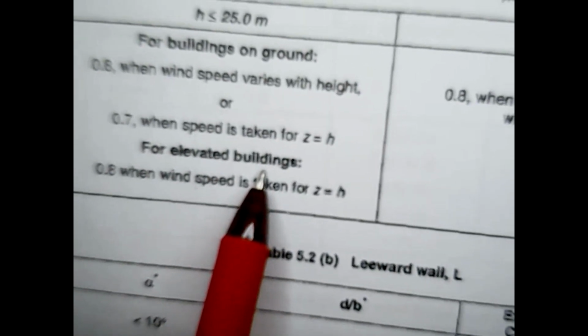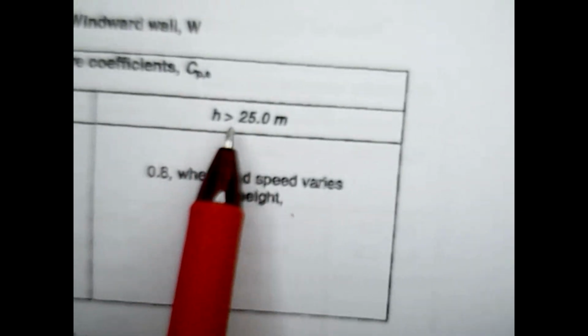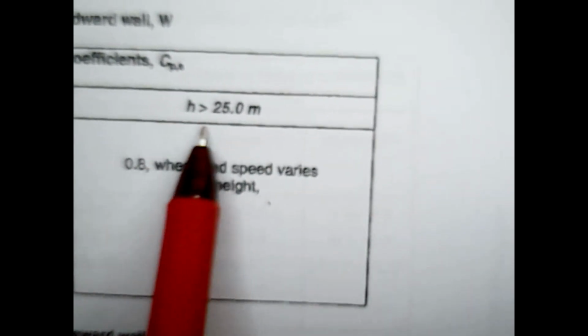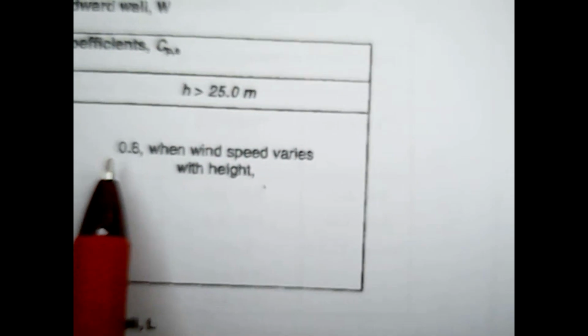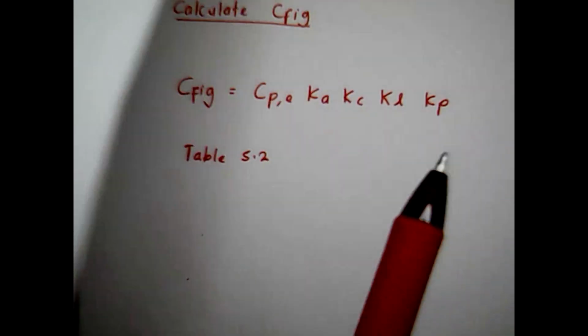In our structure, the building is 40 meters high, which is more than 25 meters, so our CPE for the windward wall is 0.8, which varies with height.